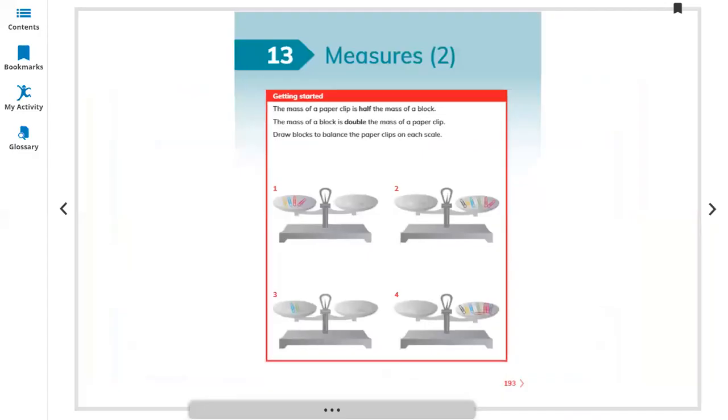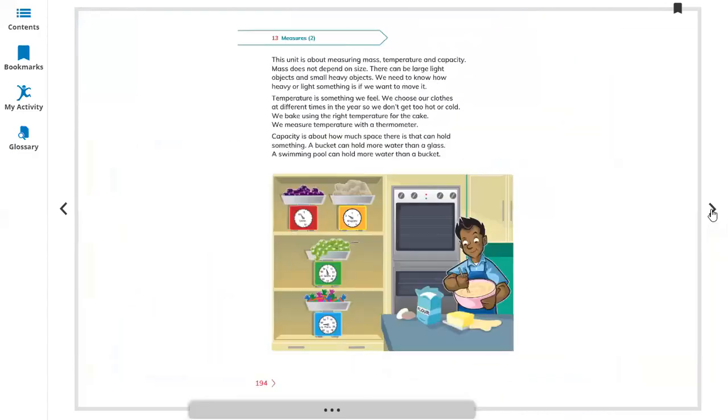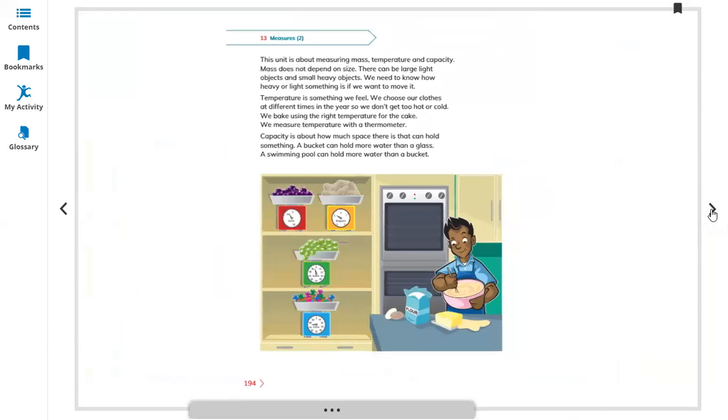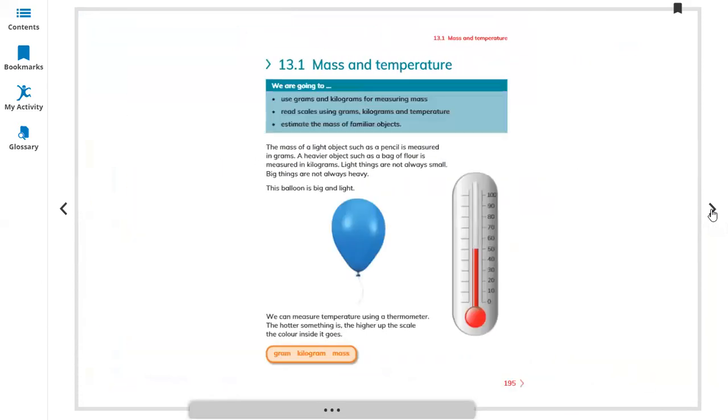From the book, the page number is 195. So the next exercise is 13.1, mass and temperature. We are going to use grams and kilograms for measuring mass.